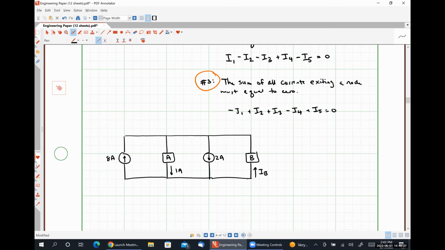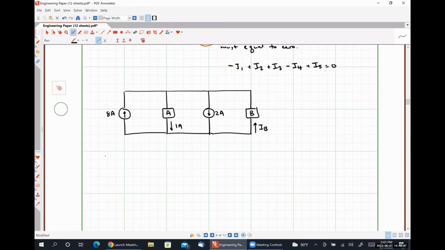Now, if you don't mind, also choose whether we are going to apply formulation number 3 at the top node or the bottom node. Top. Top, okay. So I'm just going to write this down, KCL, top, number 3.